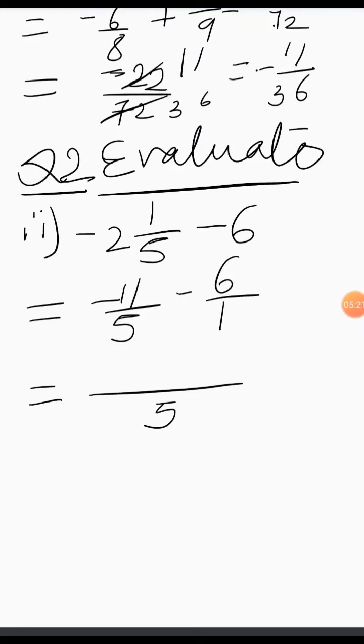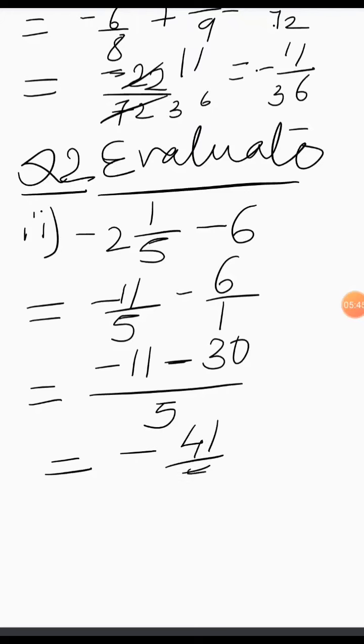And if the LCM is the multiplication of these two denominators, you can use cross multiplication, remember. So minus 11 into 1 is 11, minus 6 5s are 30. Now simplify, both are negative, so you have to add: 30 plus 11 is 41 by 5. And this you cannot reduce to the simplest form, so this is the answer, children.